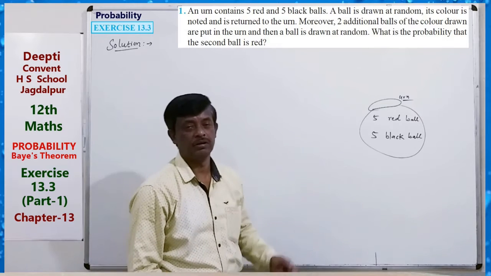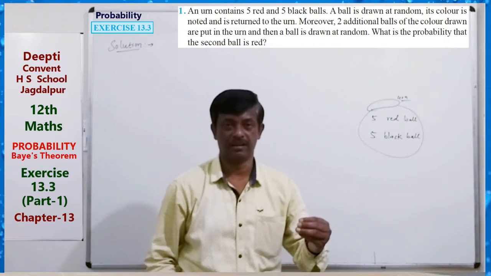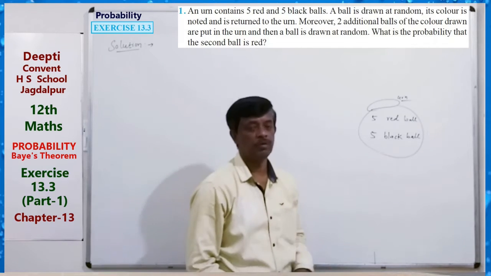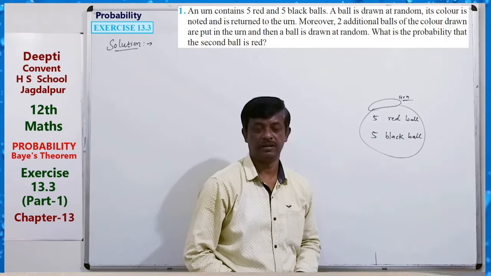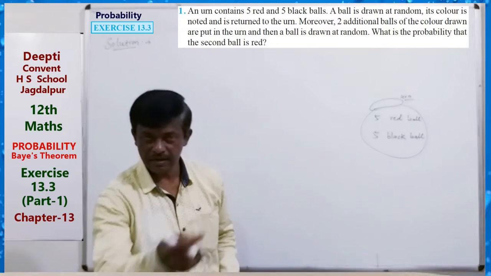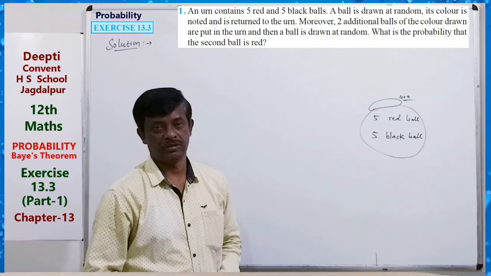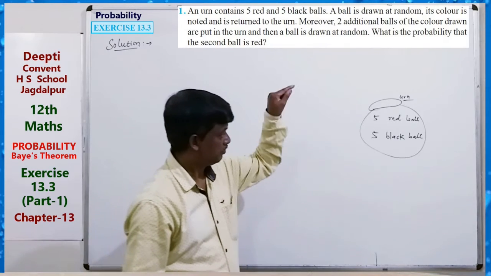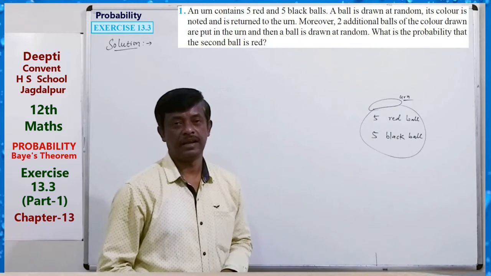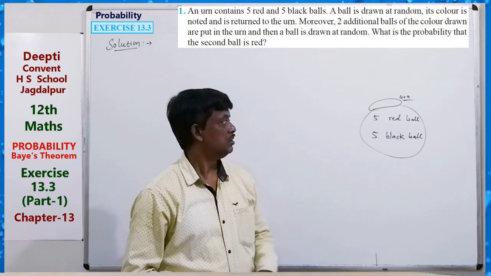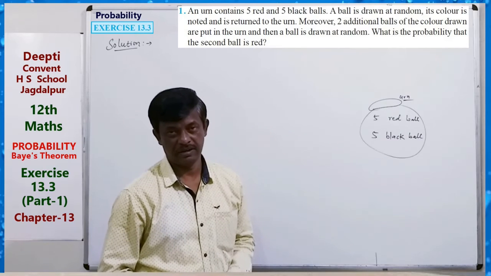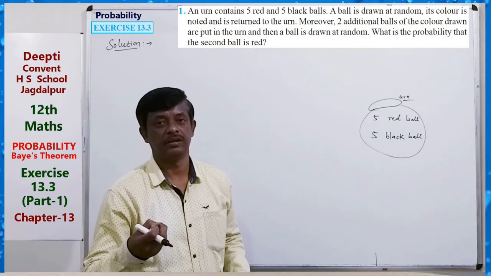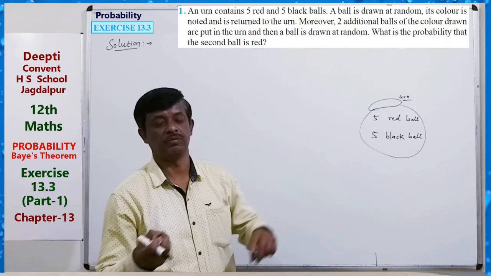A ball is drawn and its color is noted. Then the ball is put back in the urn, and also 2 additional balls of that color are added to the urn, and a ball is drawn, finally a second ball.